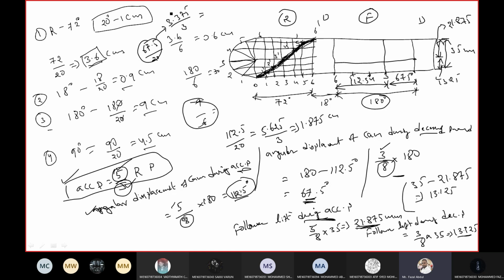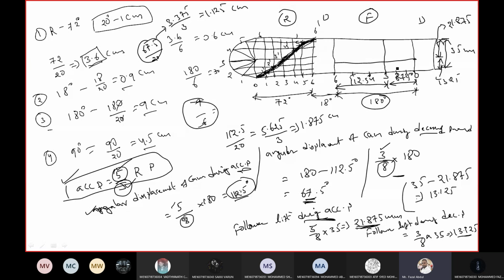Again divided by 3, we get 1.125. So measure 1.125 centimeters and divide this one also: 1, 2, 3. Here to here 1.125, here to here 1.125, here to here 1.125. So this is 2, this is 1, and this is 0. Writing the names is in reverse manner, because here 1, 2, 3, 4, 5, 6, then 6, 5, 4, 3, 2, 1, 0.